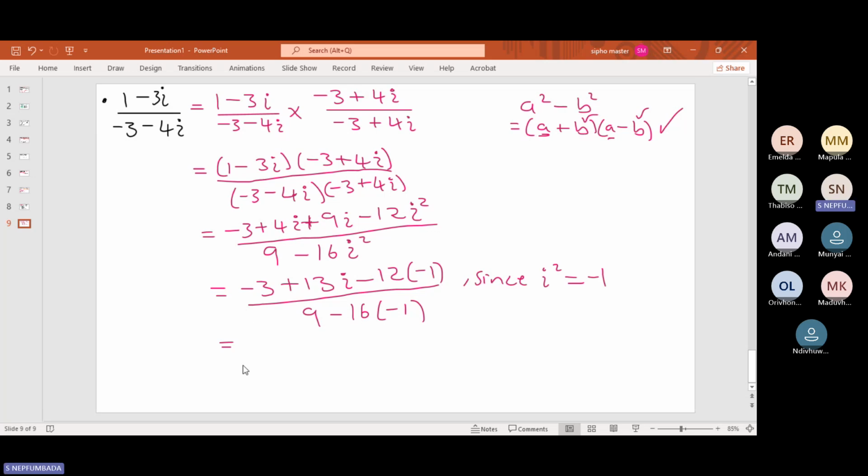You get 9. Then plus 18i, divided by 9 plus 16, then you get 25. Then this is nothing but equal to 9 over 25 plus 18 over 25i. Then this is your last answer.